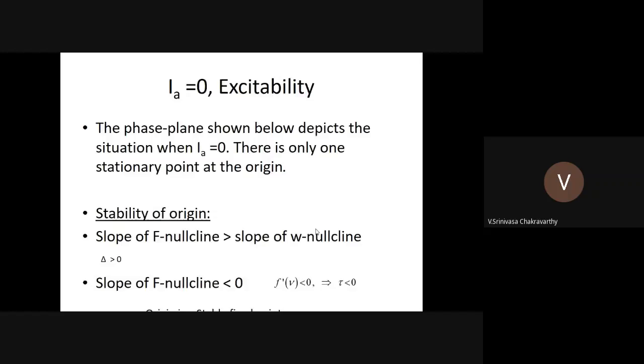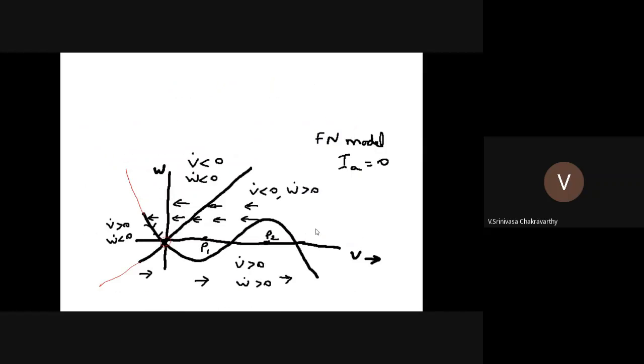So let us use that in this plot. This is the w null plane, and this is the v null plane. So above this w dot is negative. So we have said that here, therefore here also w dot is negative. And below that w dot is positive. So that means in this part w dot is positive, in this part w dot is positive.